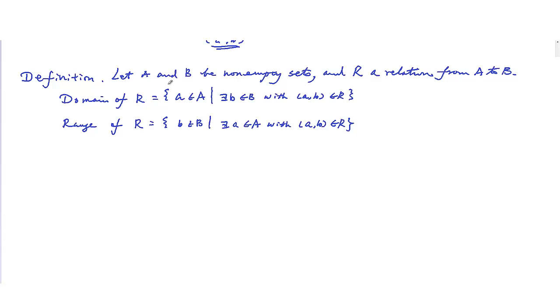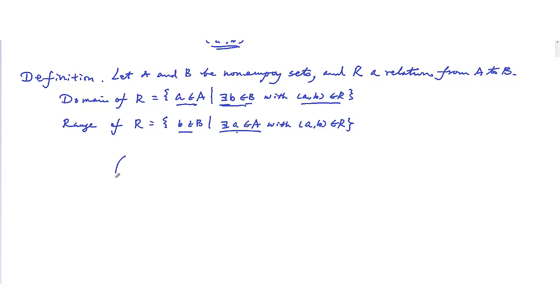Let A and B be non-empty sets and R a relation from A to B. The domain of R is the set of all elements a in A such that there is a b in B with (a, b) a point in R. And then the range of R is all elements b in B such that there is an a with (a, b) in R. This is important.